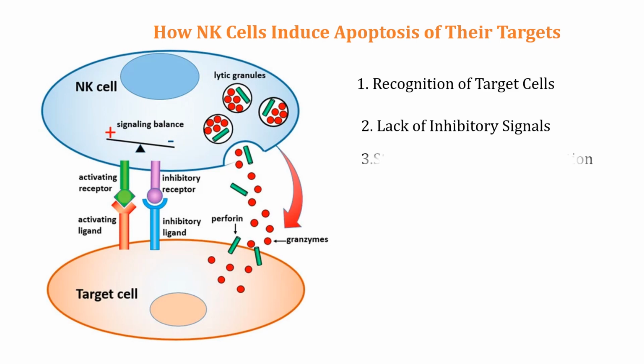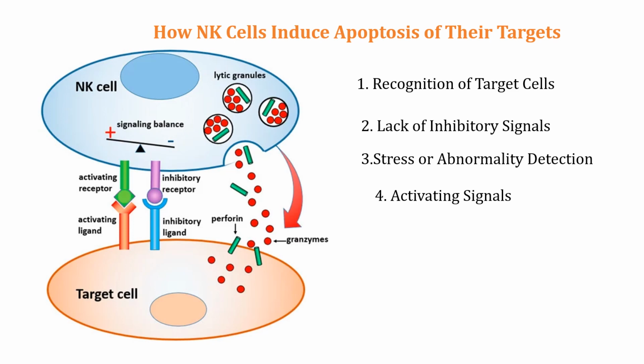Third, stress or abnormality detection: when a target cell undergoes stress, infection, or becomes abnormal such as cancerous, it may down-regulate MHC class I expression or express stress-induced ligands. This reduces the inhibitory signals to NK cells and marks the target cell for potential attack.